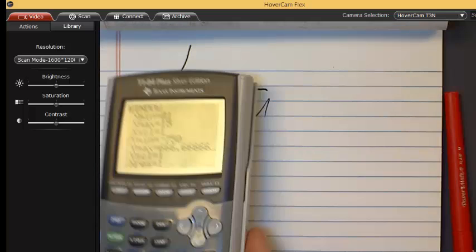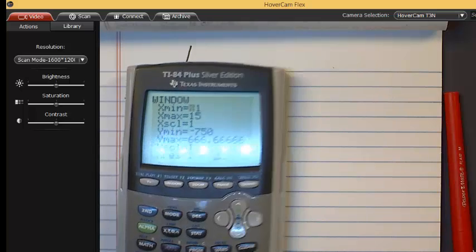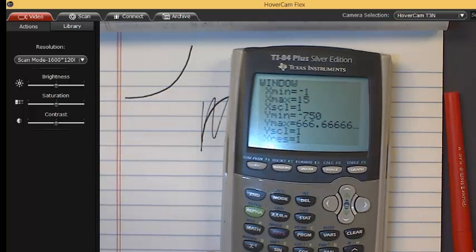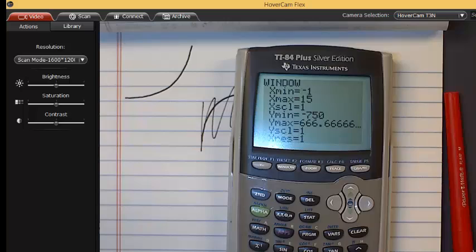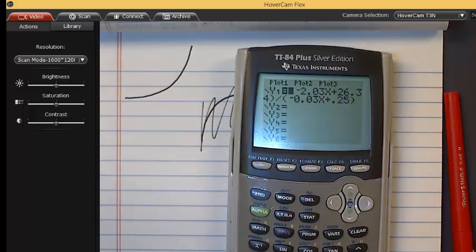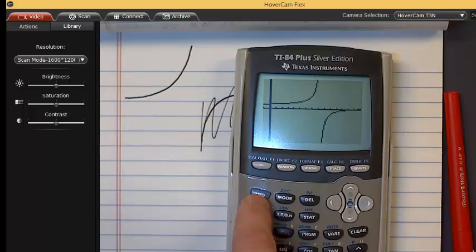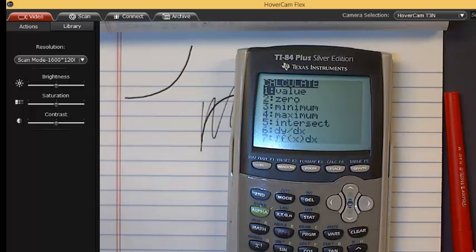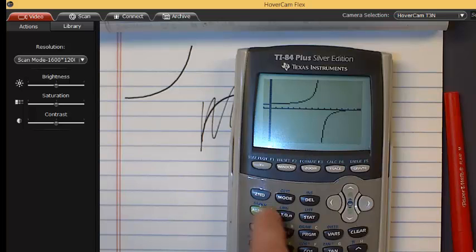So let's punch this up here. I just want some actual numbers. I mean, here's all kinds of stuff on the window. But what I want is some good old data. So here's the y equals. There's the function. She typed it in with parentheses. That's one of the keys, right? And now I want to go back to the graph, and I want to calculate some of these things. So I'm going to hit second calculate a value when x is 0.